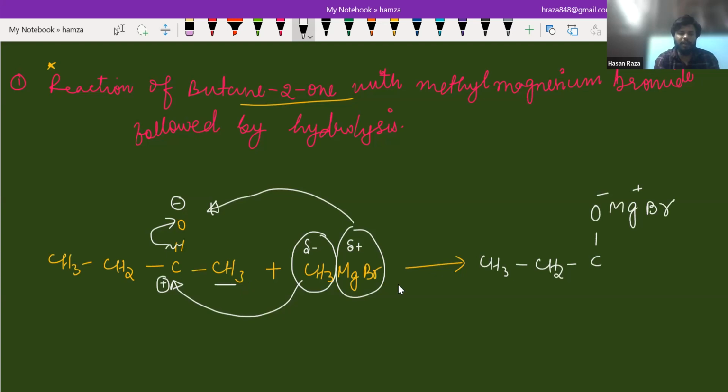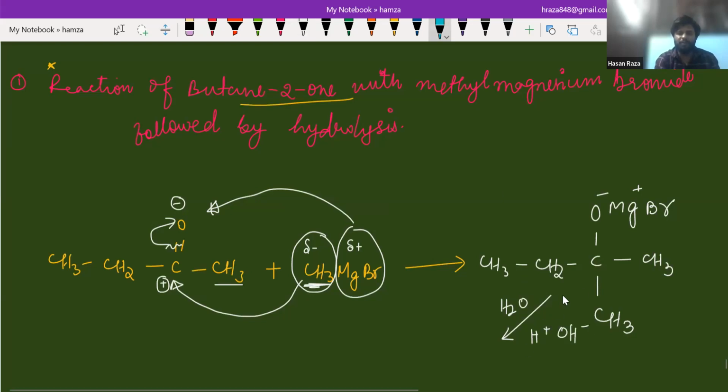And on the right hand side, CH3 was there. Now the carbon is making 3 bonds, so who will satisfy the 4th bond? This alkyl group of the Grignard reagent. Now what you need to do is hydrolysis with H2O, H plus and OH minus. It's a very simple reaction. This H plus will go to the oxygen and MgBrOH will be removed.